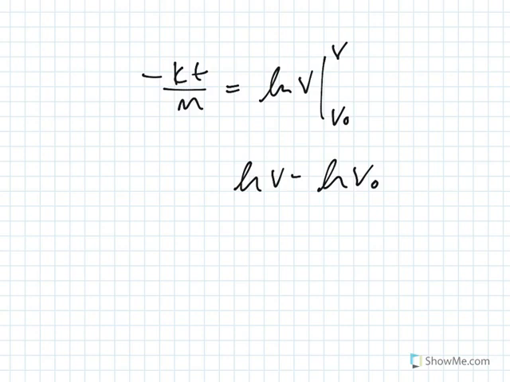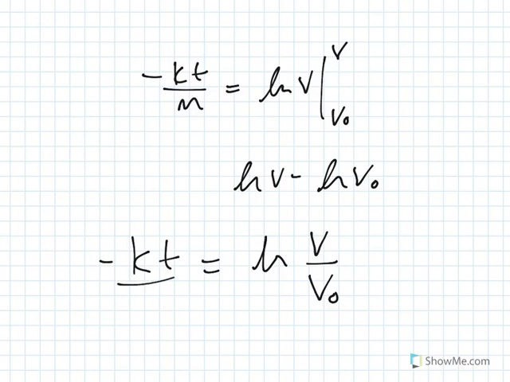And you will recall that ln of v minus ln of v naught can be written as ln of v over v naught. Right, okay. And that is an ln here.